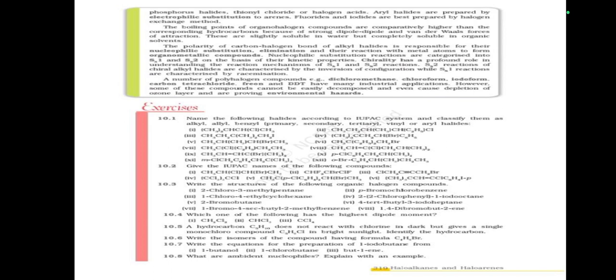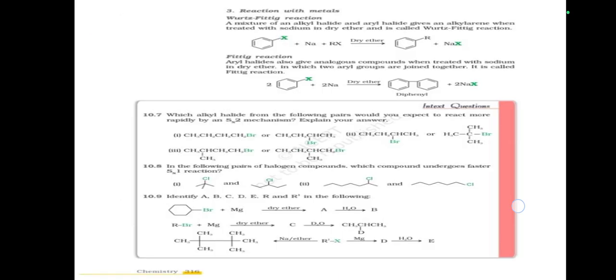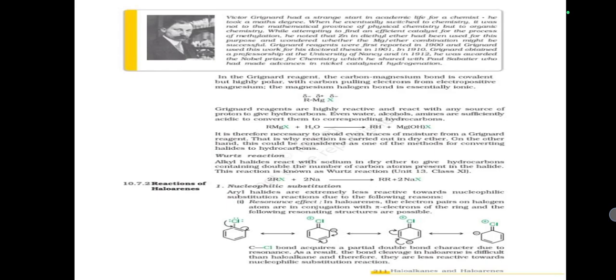A number of polyhalogen compounds, for example dichloromethane, chloroform, iodoform, carbon tetrachloride, freon, and DDT, have many industrial applications. However, some of these compounds cannot be easily decomposed and even cause depletion of the ozone layer and are proving an environmental hazard.